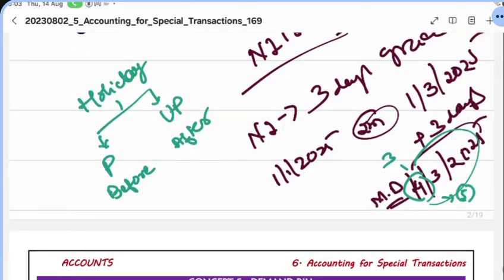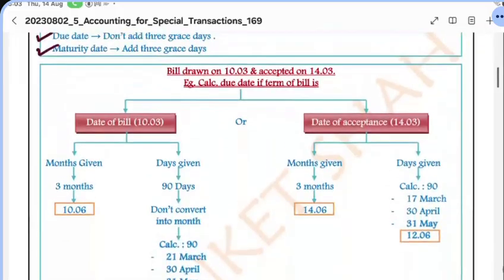Are you clear? Next. Now, a bill drawn on 10th March, accepted on 14th March. This is very important. I request all of you to pay attention now. The bill is drawn on 10th March, accepted on 14th March.